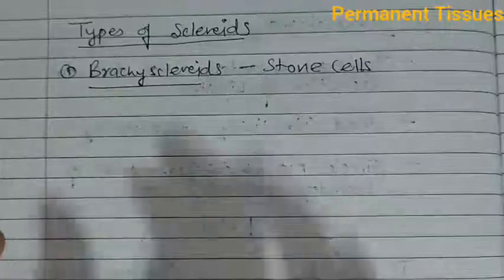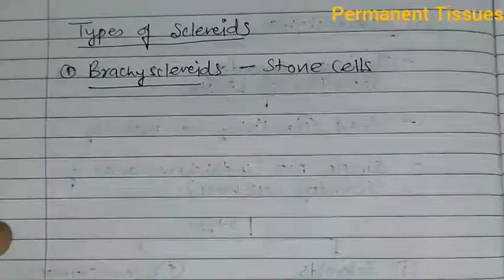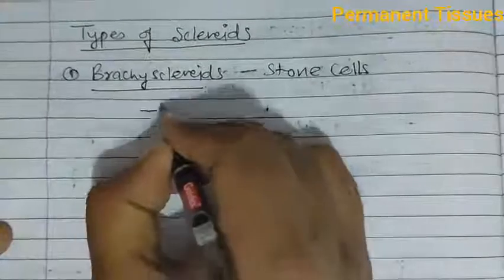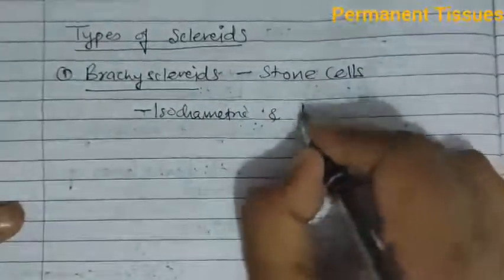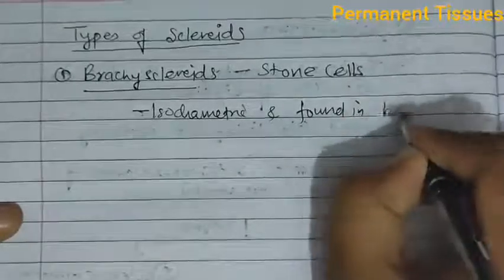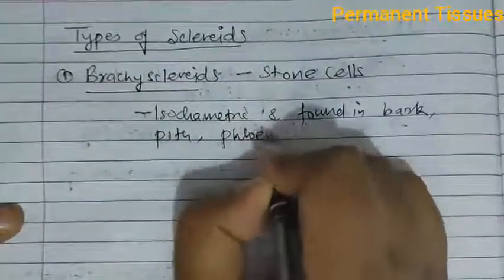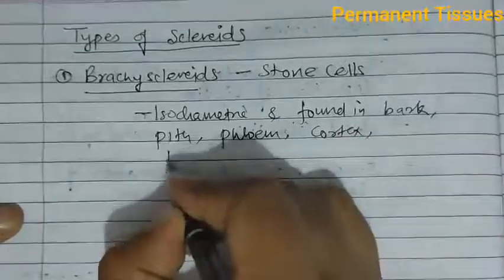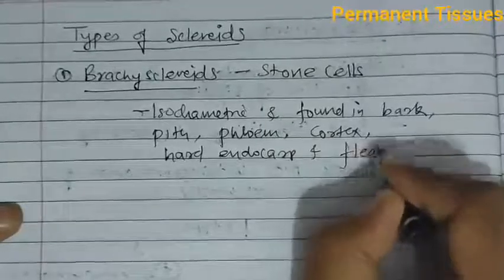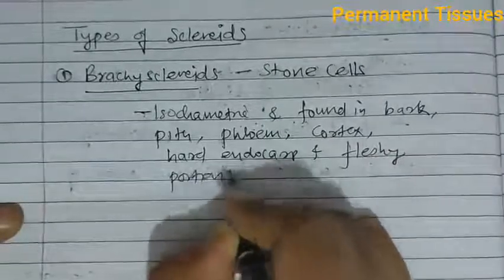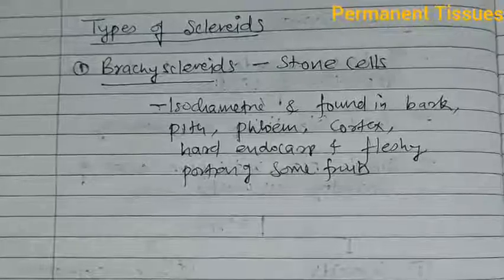They are isodiametric and found in bark with phloem, cortex, hard endocarp and fleshy portion of some fruits.